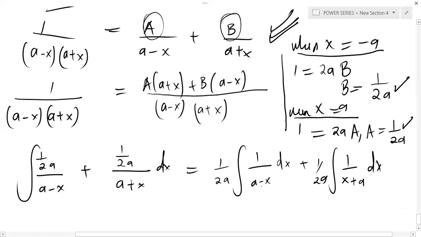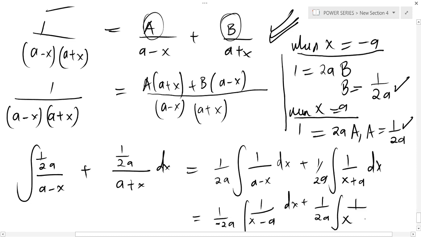I also want to write the first one starting with x and factoring out the negative so that I can see it clearly: minus the integral of 1 over (x minus a) dx, plus 1 over 2a times the integral of 1 over (x plus a) dx.